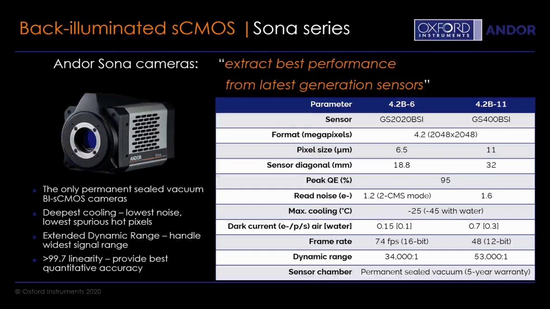The GS400 BSI sensor is the one that has been discussed in this work, and we can see just from comparing the specs that the Sona 4.2 B-6, which uses that 2020 BSI sensor, has a smaller pixel size, but it's also low noise and high speed, so that's a very flexible camera, and it's the same sensor format as the previous generation of sCMOS cameras, so that's ideal for people looking to upgrade.